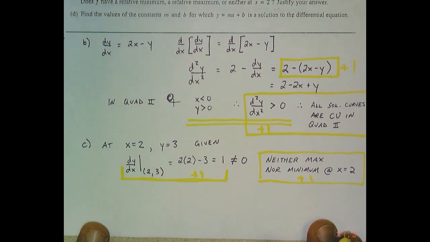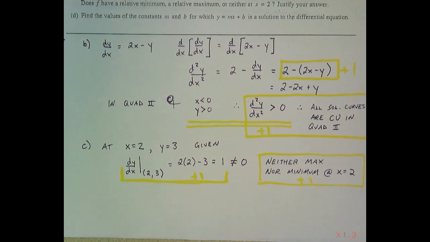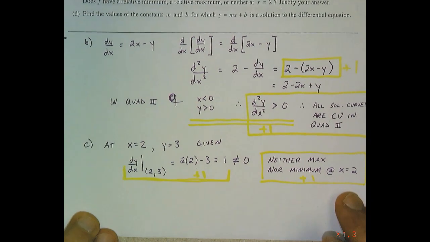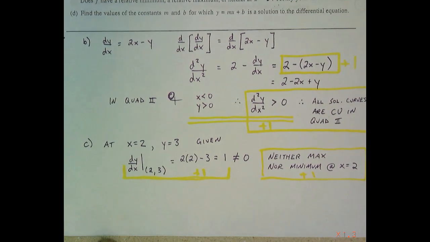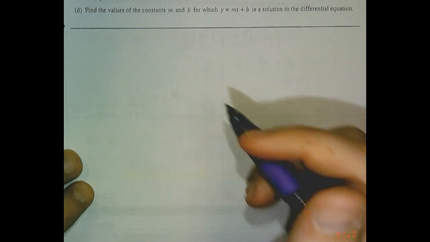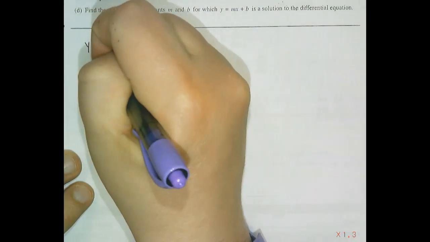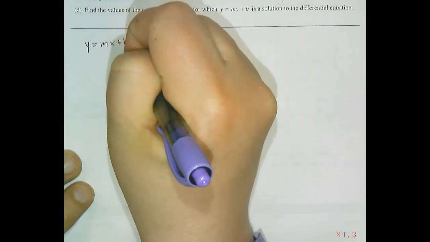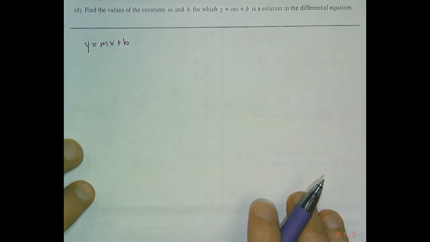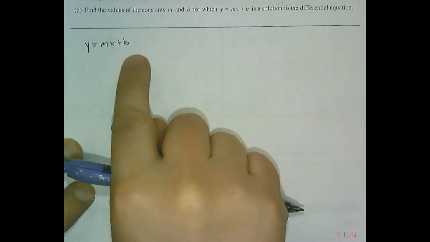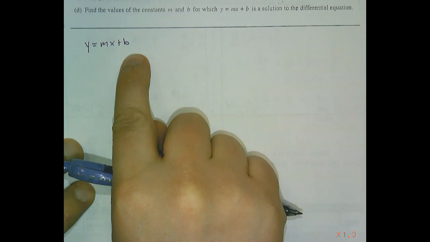All right, let's move on to part D. Find the values of the constants m and b for which y equals mx plus b is a solution to the differential equation. So I'm going to grab another piece of paper to work on this part. If y equals mx plus b is a solution to the given differential equation, then the derivative of this will be the same slope.